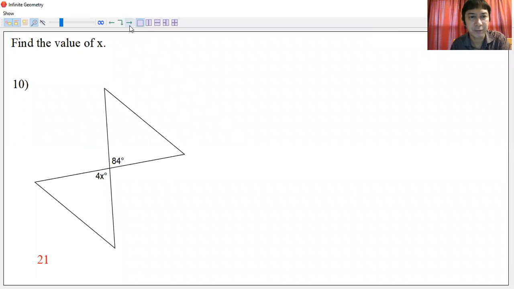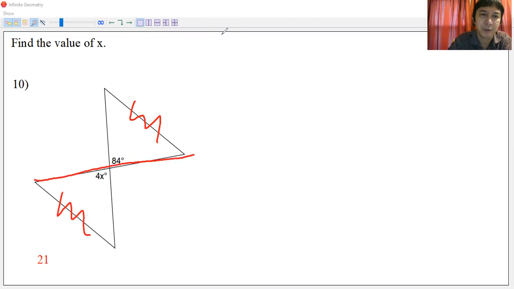Here's number 10. Okay. Now, in diagrams like this, you may ignore other parts of the diagram, like this one and that one, just to find out the relationship of the two angles. So we have two intersecting lines. Okay, and so this is equal to that one. All right, and so let's continue.